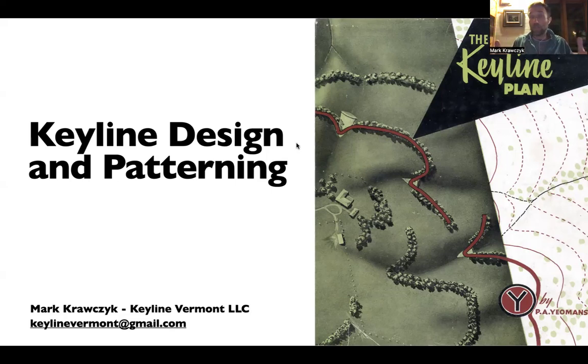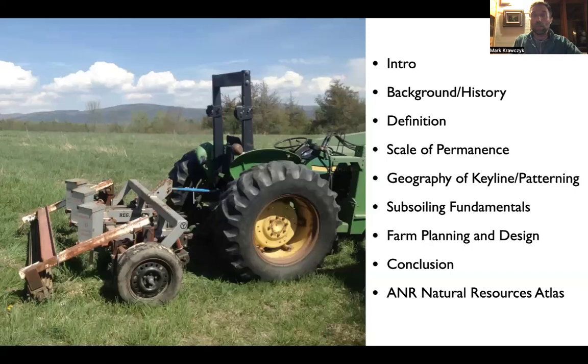The foundation of the information we're exploring in this talk is something generated by P.A. Yeomans, and we'll get into that briefly in just a moment. But just a short little overview of what this talk will consist of.